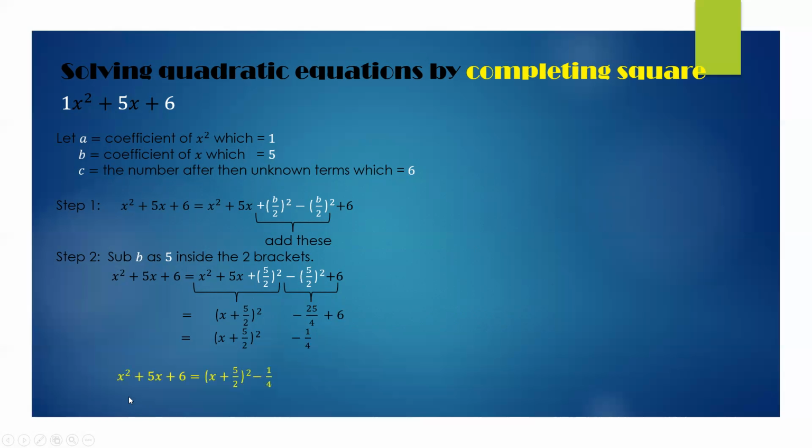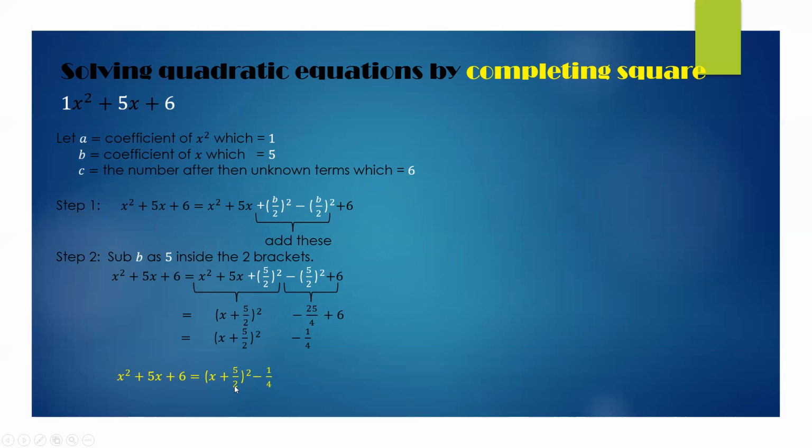So in the end, I can conclude that this one is this one. That means this one is equal to this one. If you expand and simplify this part, you notice that you get back this one. So we just change the format of the normal equation into a completing square format.